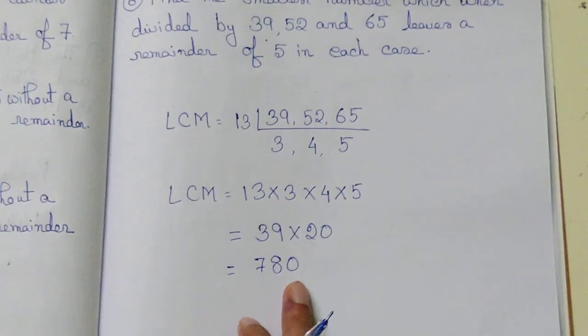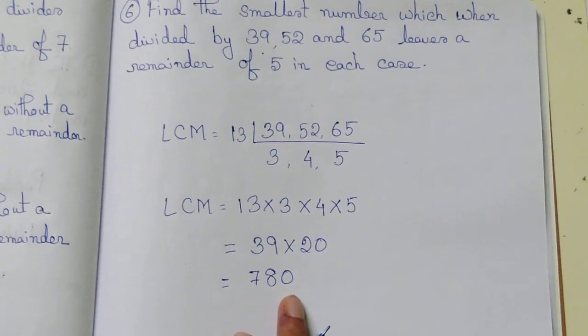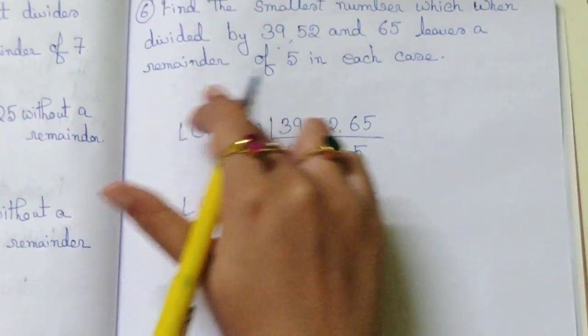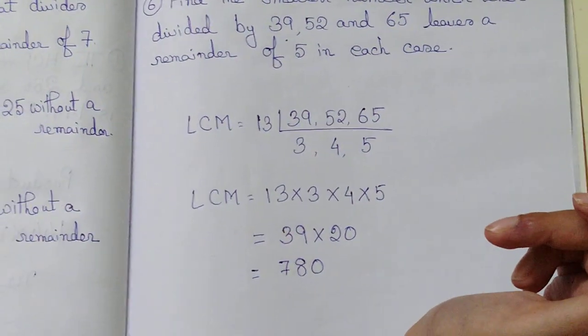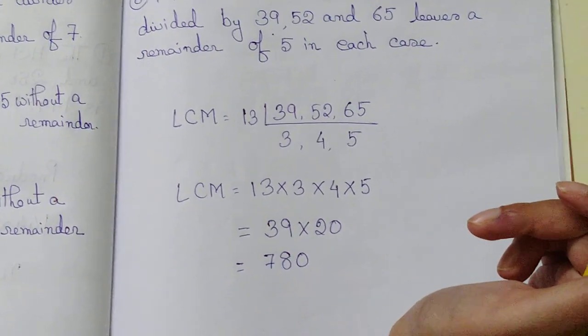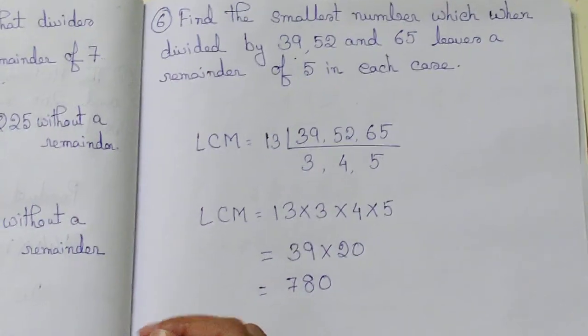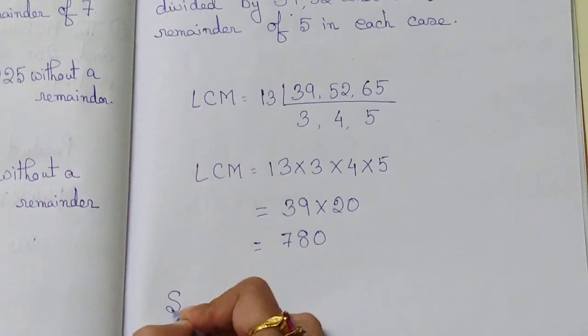Now my target is to find out the smallest number which when divided by this leaves a remainder of 5. So what will I do?